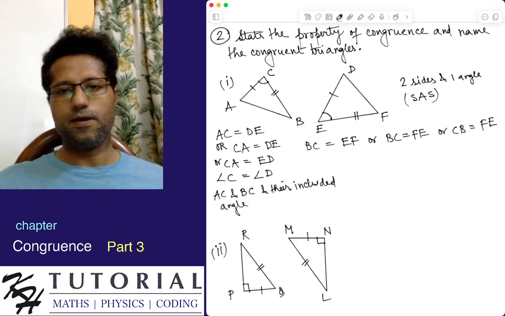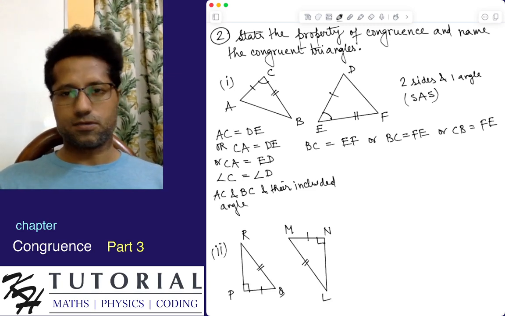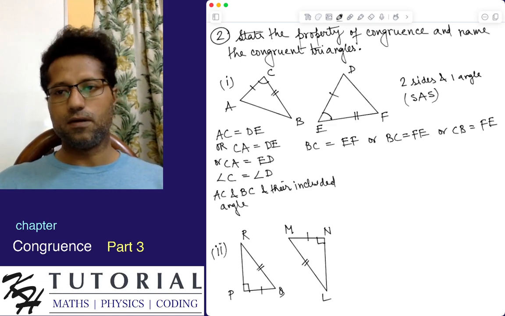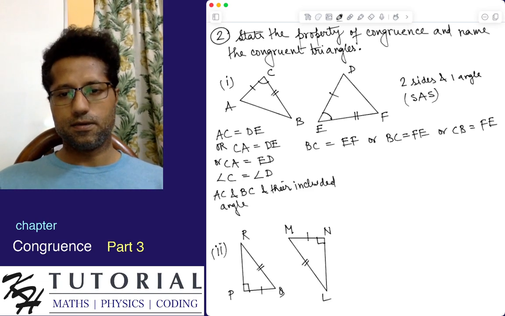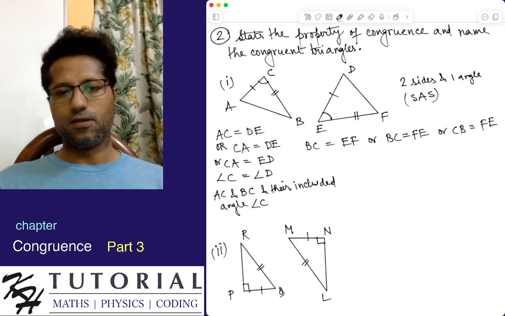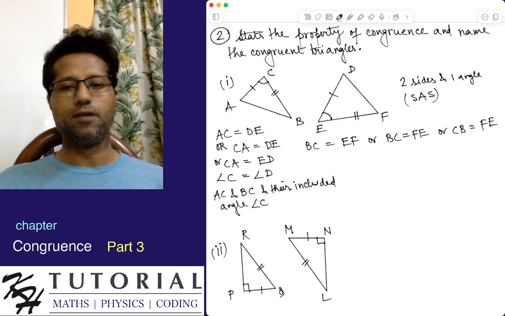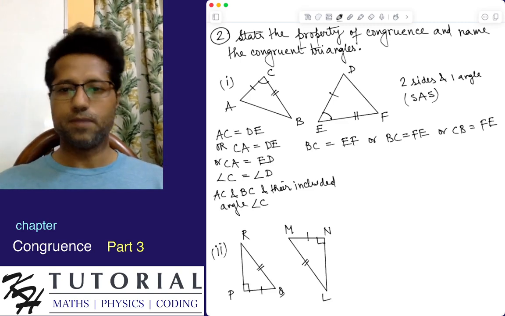This is the C. So the side AC and BC, the common letter is C. Obviously, the angle included between AC and BC is angle C.